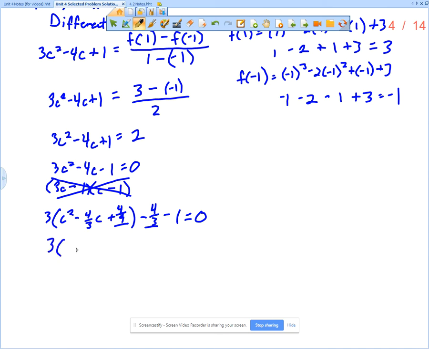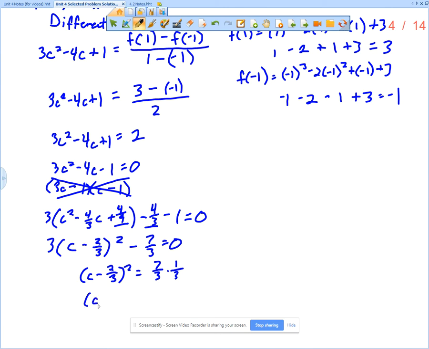So I have 3 times c minus 2/3 quantity squared, and then minus 4/3 minus 1, so that'd be minus 4/3 minus 3/3, which is minus 7/3, equals 0. Now I'm going to add 7/3 and divide by 3. So I get c minus 2/3 squared equals 7/3 divided by 3, which is like multiplying by 1/3, so I get 7/9.